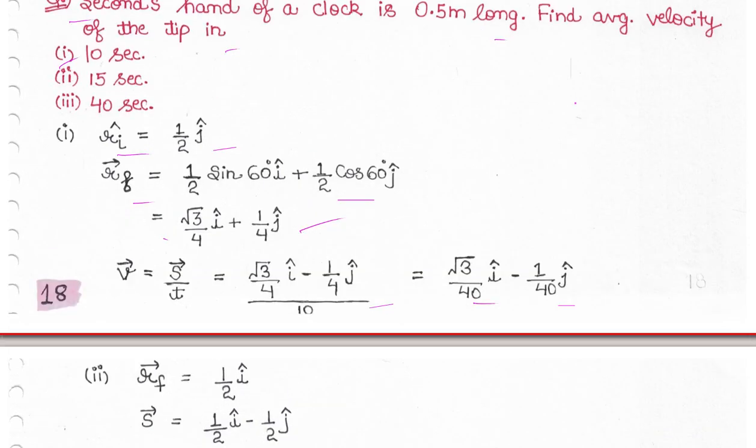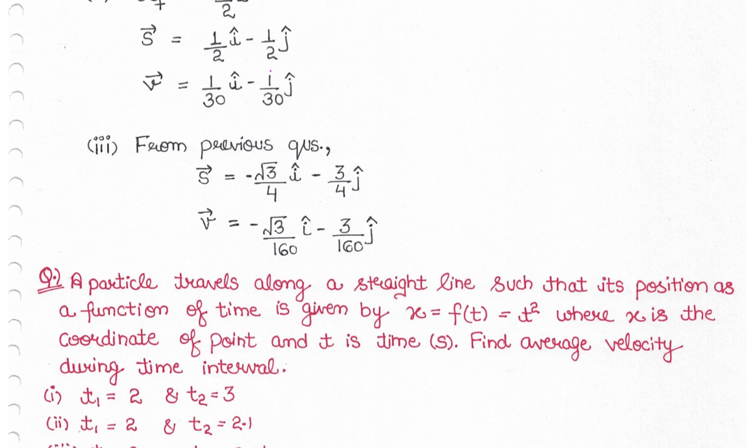Now for 15 seconds we can write, as you can see, Rf is equal to half i cap, or s is equal to half i cap minus half j cap, or v is equal to 1 by 30 i cap minus 1 by 30 j cap. Here is the average.